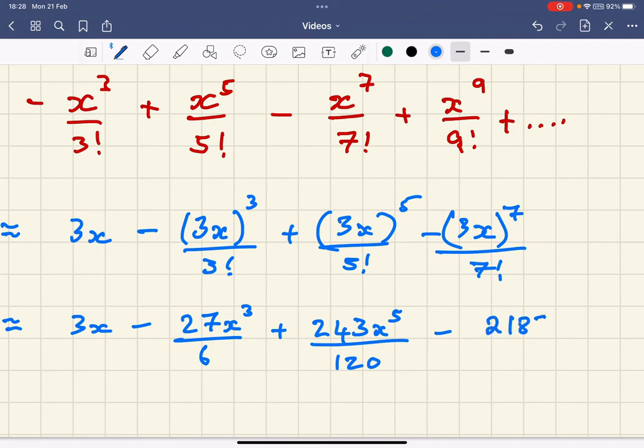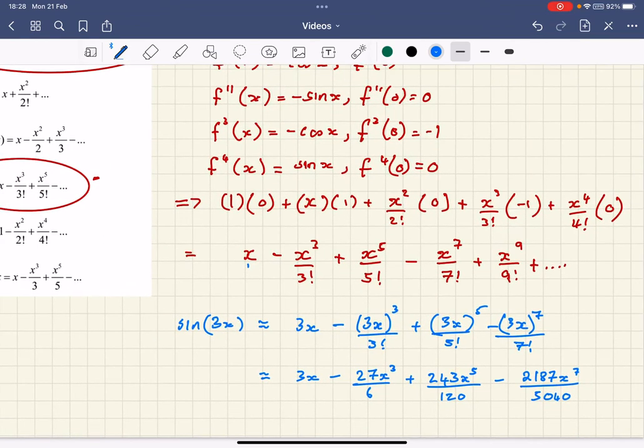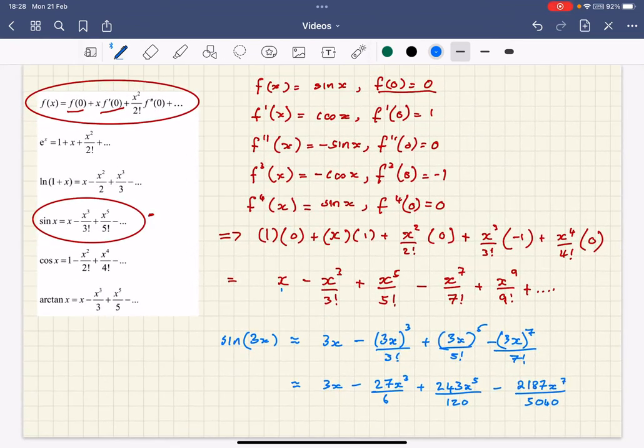You might need to check this. 7 factorial is 5040. So once we have these basic Maclaurin series expansions, we can substitute in to make much more difficult ones.